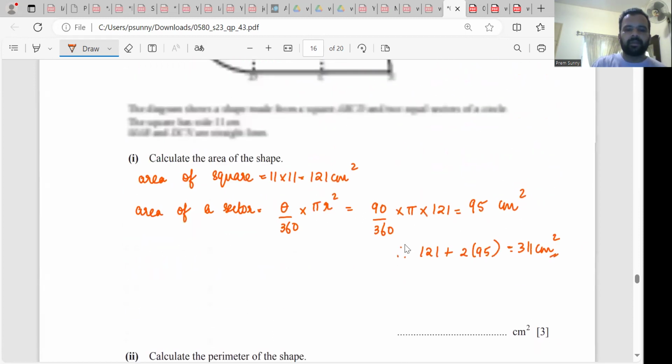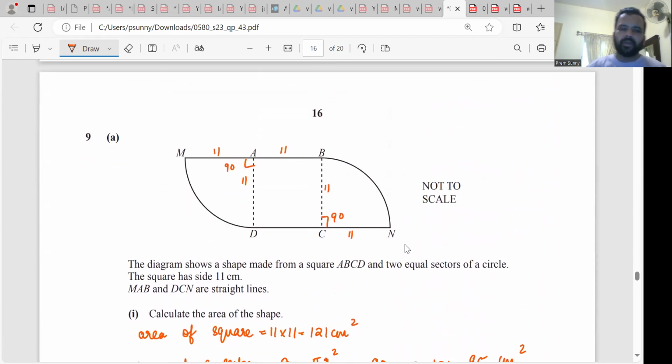Now calculate the perimeter of this shape. To find the perimeter, make sure that the dotted lines are not considered as perimeter, only the solid lines are considered as the perimeter. So I have 11, 11, 11, and this is also 11. I need these two arc lengths. To find the arc length, we know the formula theta by 360 into 2 pi r.